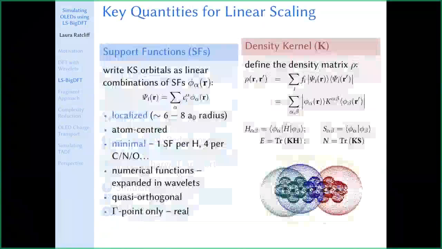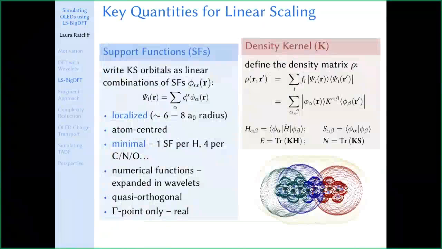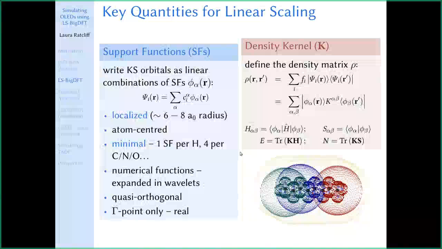So as has been done in a couple of other codes, so ONETEP, for example, that some of you may have heard of, we redefine our extended Kohn-Sham orbitals in terms of a linear combination of localized support functions. These support functions have some small user-defined radius. They're atom-centered, and we have a minimal number, so usually one support function per hydrogen, 4 per carbon, nitrogen, oxygen.